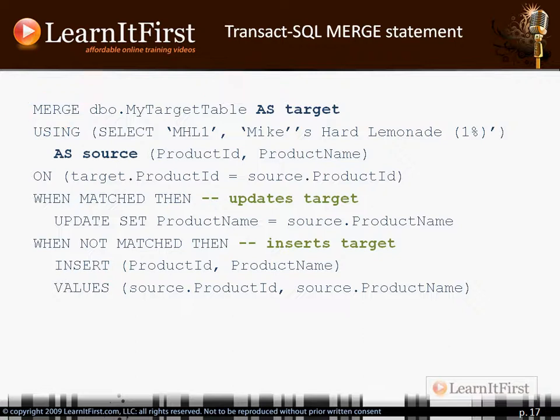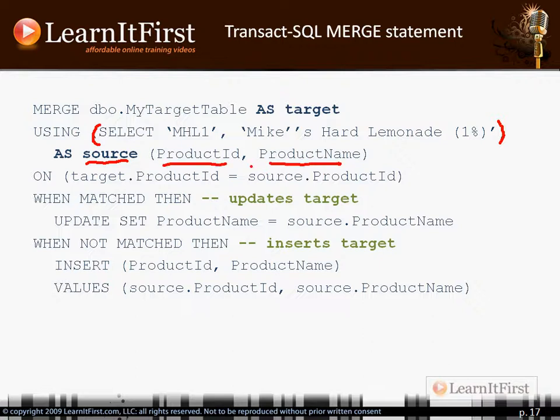So we have the using statement, and our using statement defines this up here as source. So here is the CTE that presents really, and this could be a full-blown select here. This is just for this example, going to bring back a row with two columns, column A, column B.